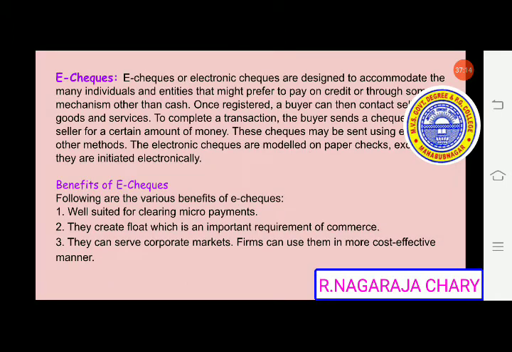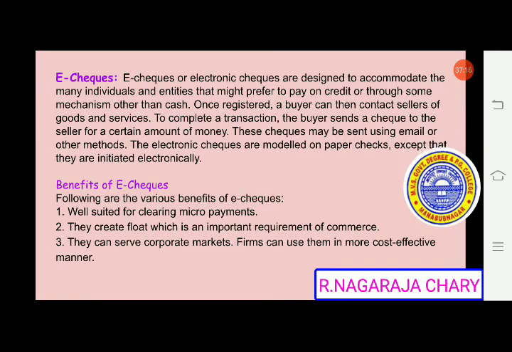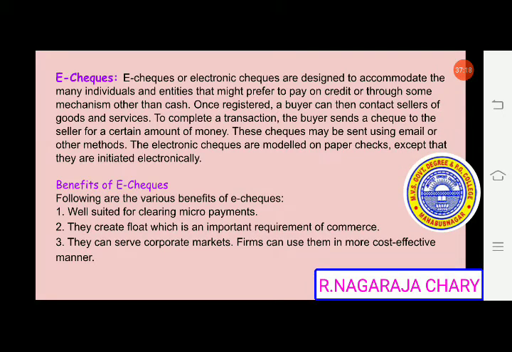Next, e-check. E-checks or electronic checks are designed to accommodate the many individuals and entities that might prefer to pay on credit or through some mechanism other than cash.